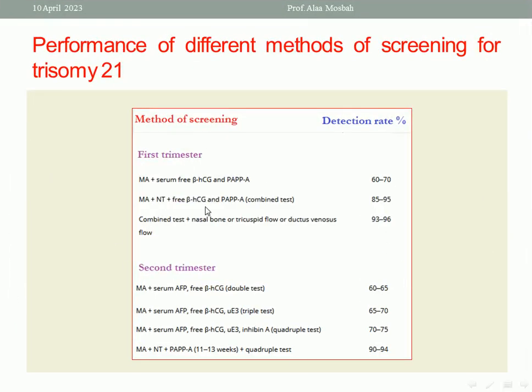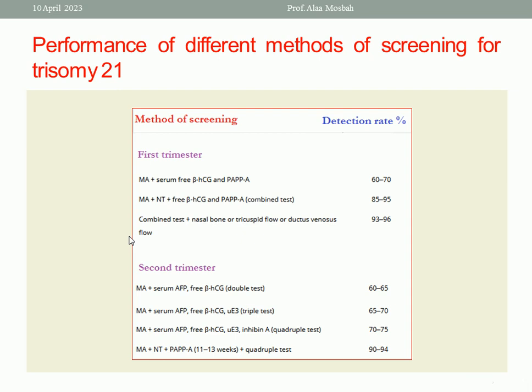I put this table to show you the performance of different methods of screening for trisomy 21. This is the method of screening, and this is the detection rate in percentage. As you see here, high detection rate in combined test with nasal bone or tricuspid flow or ductus venosus flow, evaluation of the fetus by ultrasound.